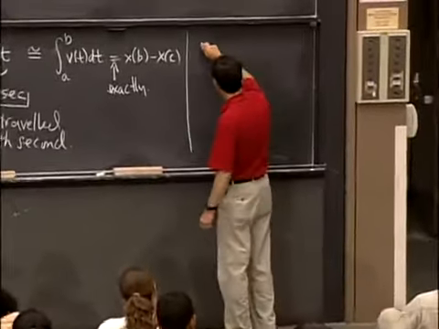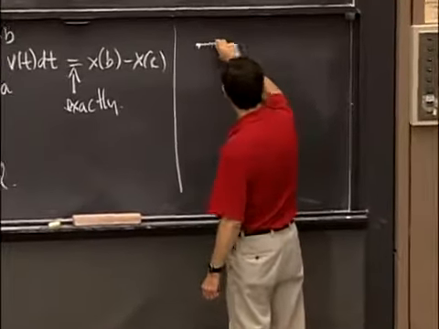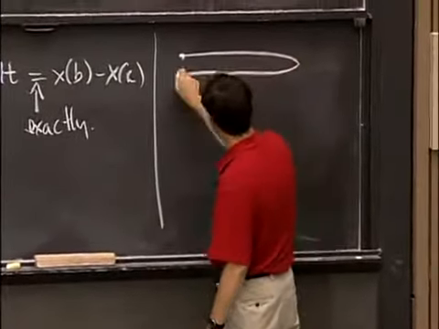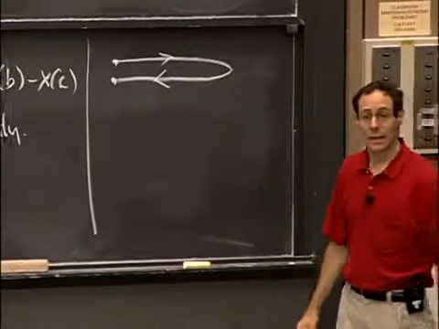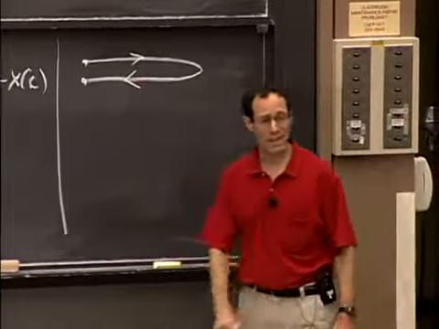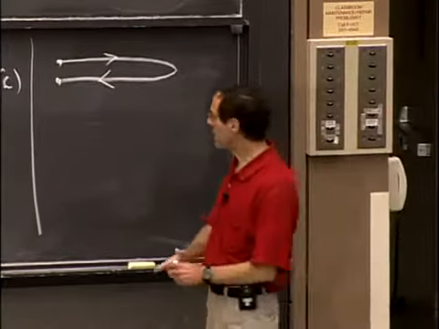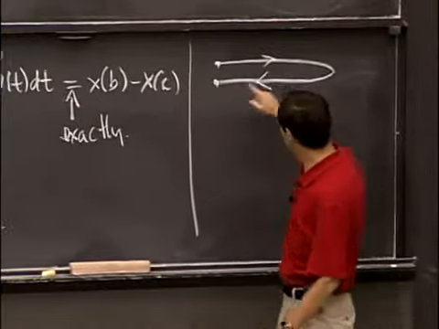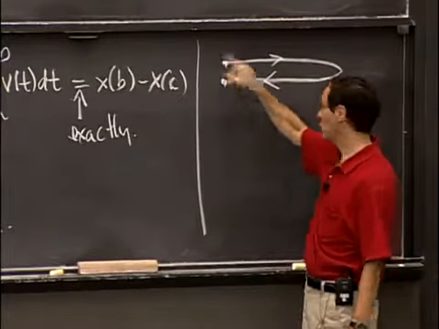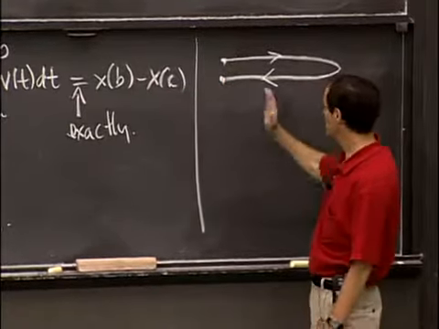Imagine I start here, and I go over to there, and then I come back. Okay? And maybe even I do a round trip. I come back to the same place. Well, if I come back to the same place, then the position is unchanged from the beginning to the end. In other words, the difference is 0.